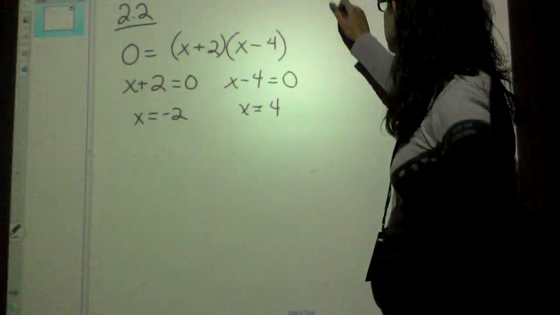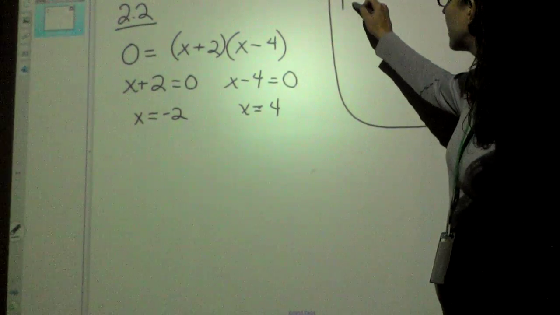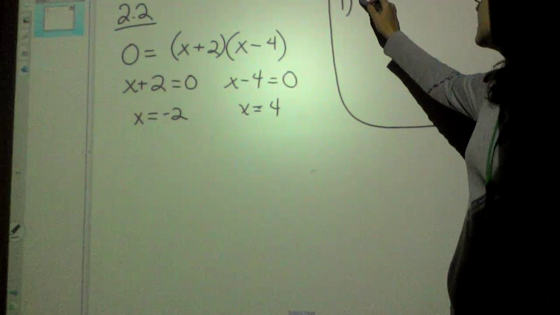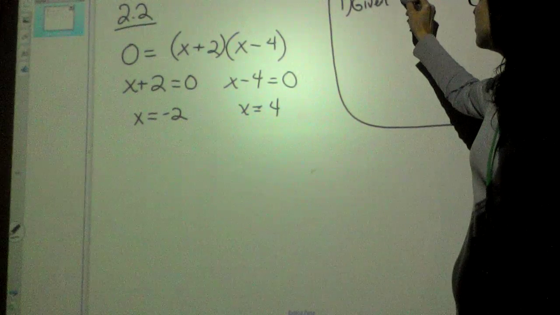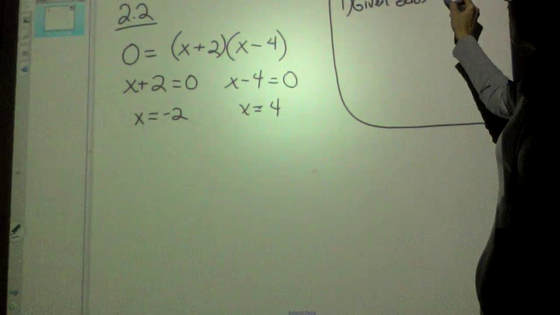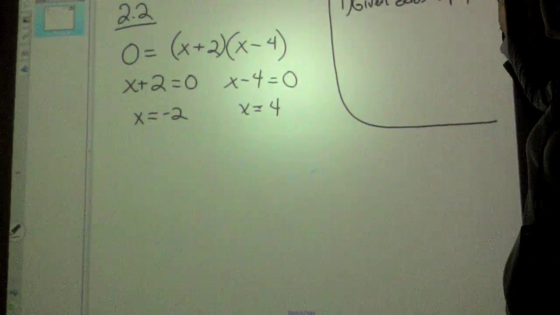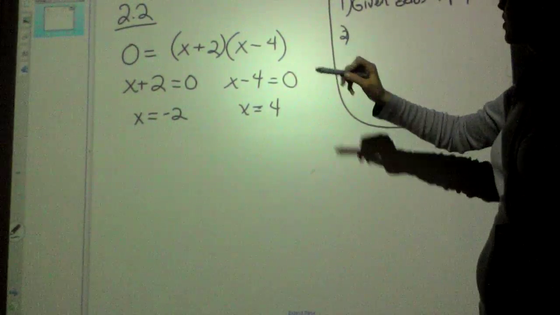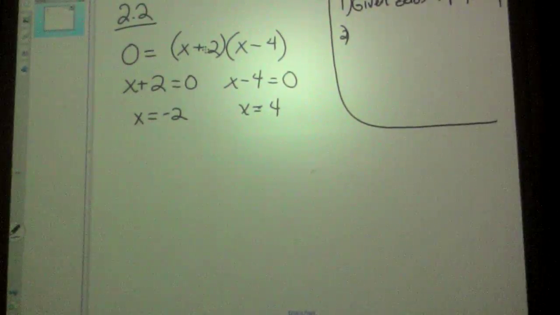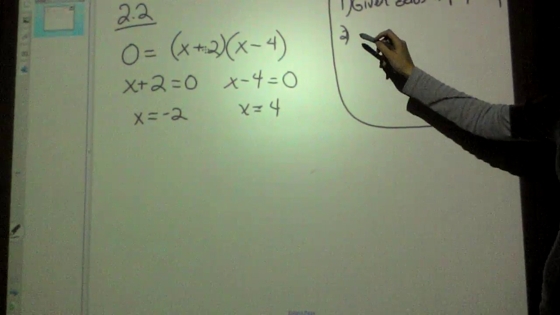Okay, we're going to have two tasks for today. One, we're going to come up with a polynomial given the zeros. Given the zeros, give me a polynomial. The other thing we're going to do is we're going to start with a polynomial and we're going to find the zeros.